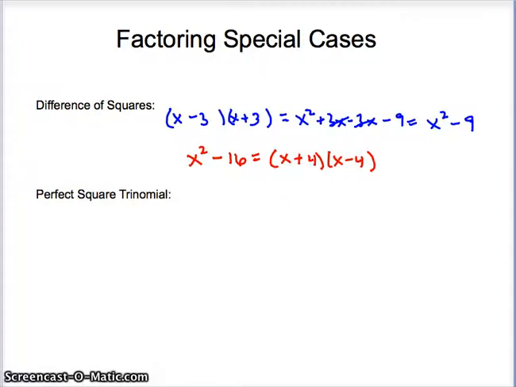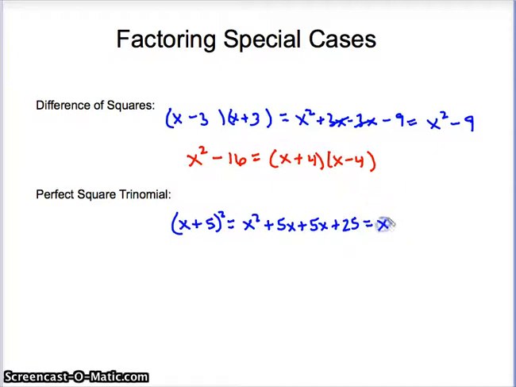Now a perfect square trinomial would be something like this. We'll start by expanding. So let's say I have x plus 5 squared. I'll end up with x squared plus 5x plus 5x plus 25.